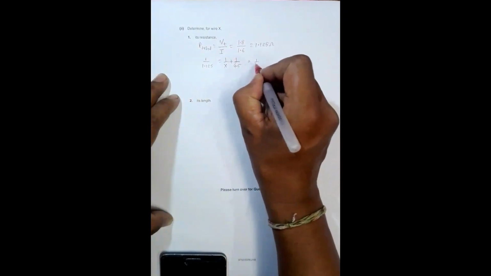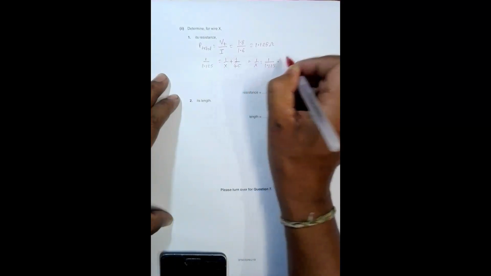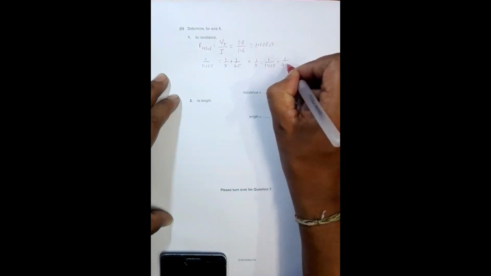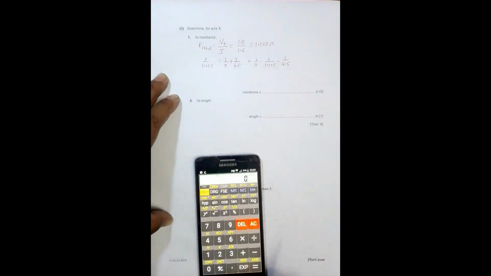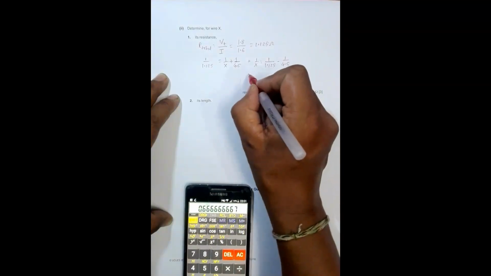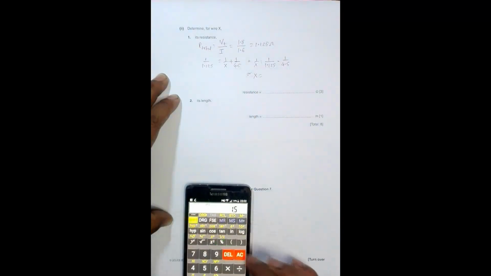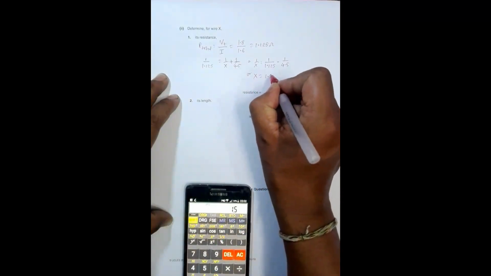So this will give us 1 by X is equal to 1 by 1.125 minus 1 by 4.5, and we can do this in the calculator like this: 1.125 reciprocal minus 4.5 reciprocal equal to, this thing is the reciprocal of this X. So when I do this reciprocal once again, X will be equal to 1.5 ohm.